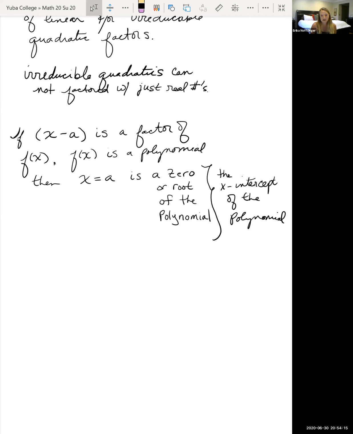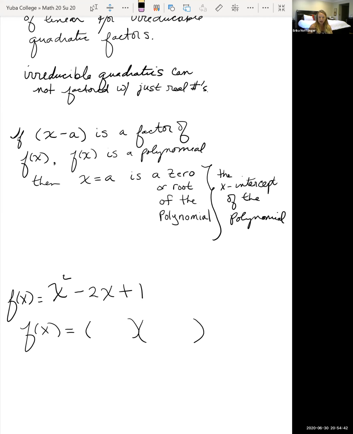Okay, so depending on how many times a factor occurs, so sometimes a factor can occur more than once. For instance, if we had x squared minus 2x plus 1, say f of x is this. We can factor this. F of x is equal to, well, we're thinking of the same two numbers that multiply to give us positive 1, but add to give us negative 2, which is x minus 1 times x minus 1.